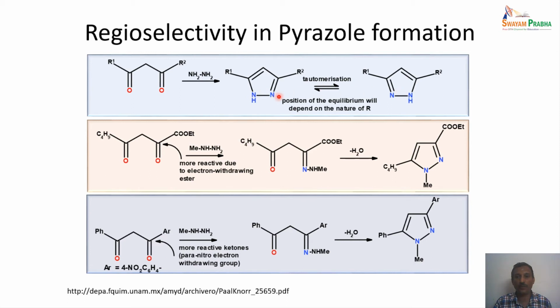In other words, we will actually end up with a similar pyrazole derivative, but the position of the equilibrium basically depends on what is the alkyl group that is present, whether it is highly electron donating or not. Based on that, one of the isomers is formed or one of the isomers is stable.